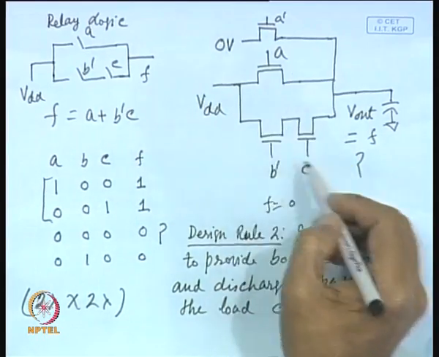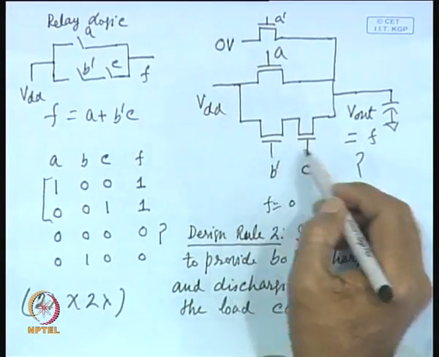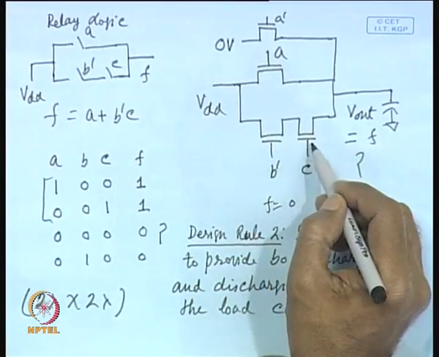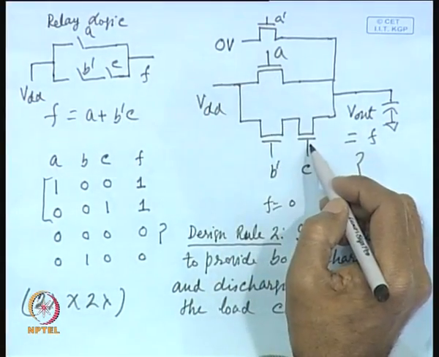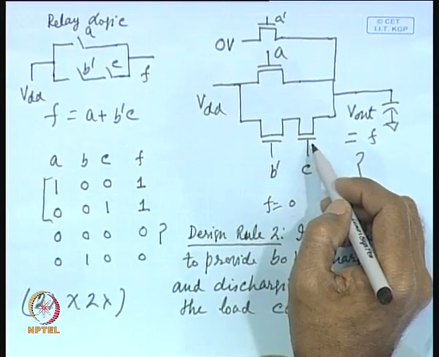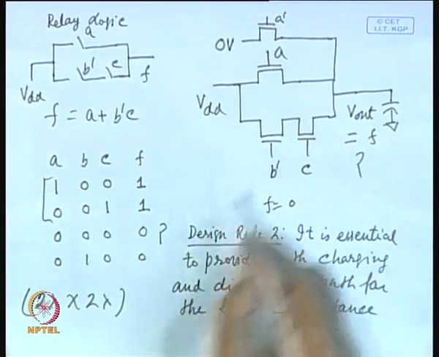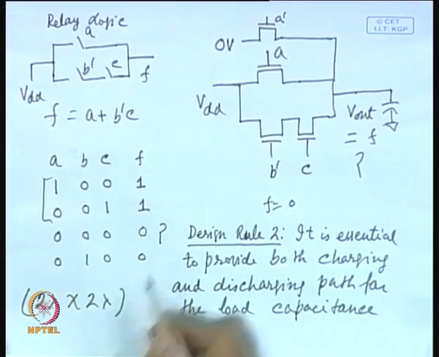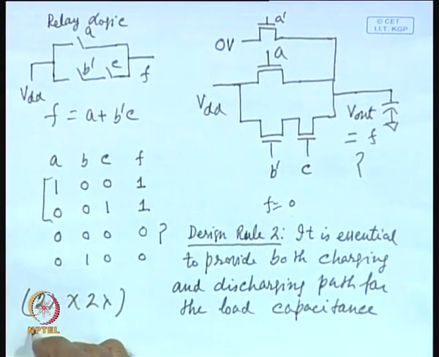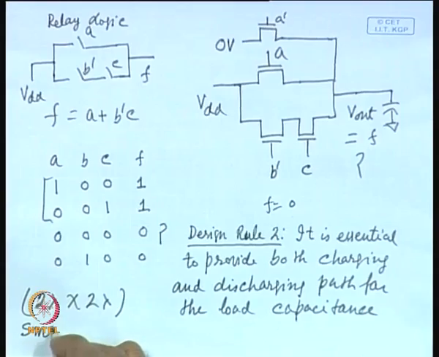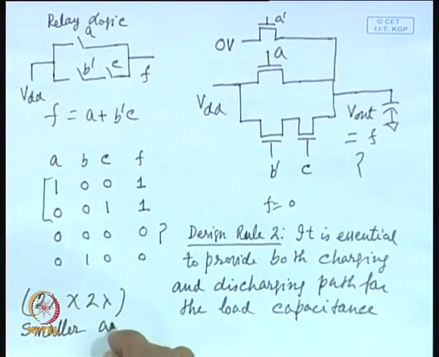So, in this case however, you are realizing using only NMOS transistors. So, all of them will be of smallest dimension, 2 lambda by 2 lambda, and obviously it will have a smaller area. This will lead to smaller area of realization.